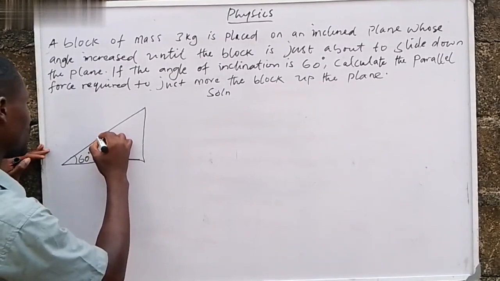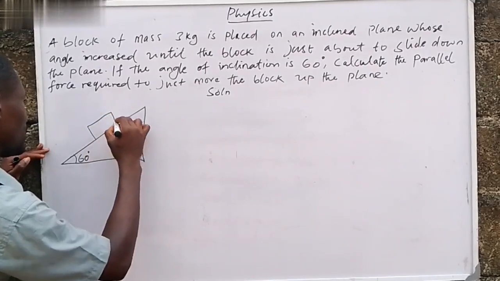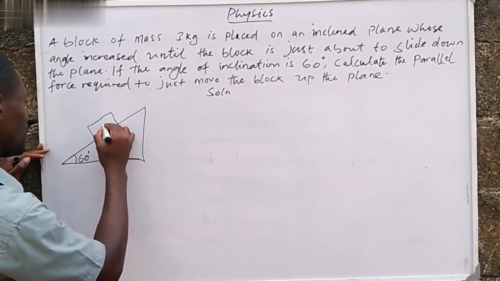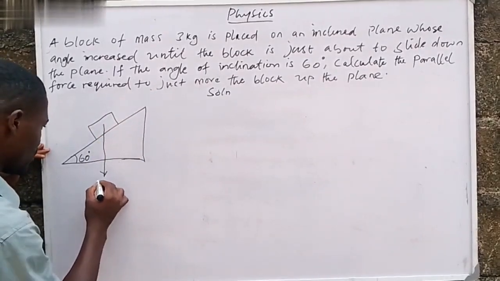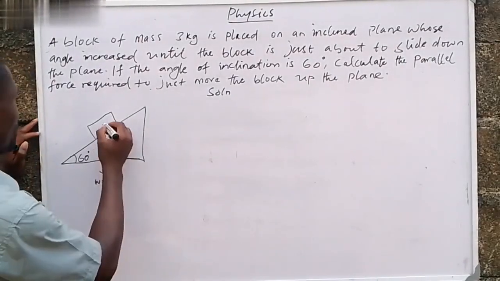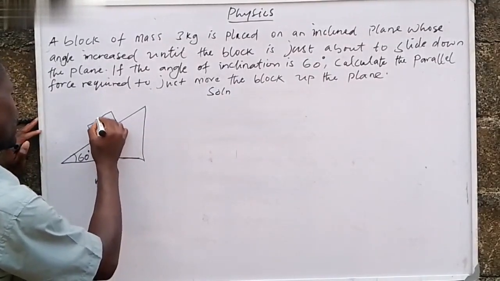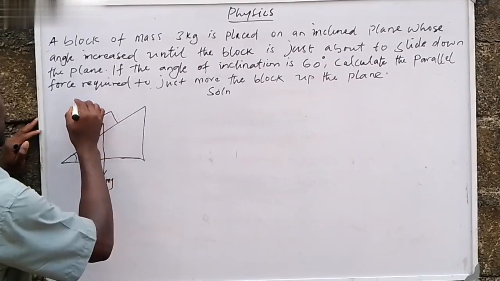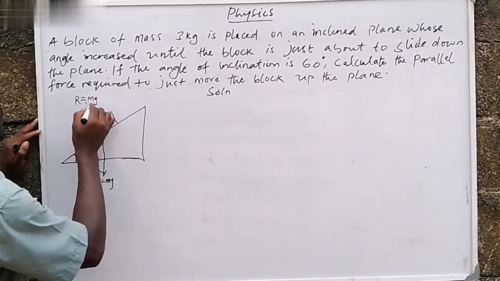Now this is the block, and this is the center of the block, of which the weight acts downward. Weight is equal to mass times gravity. And then from the center of the block in this direction is the normal reaction, which is equal to mg cos theta.